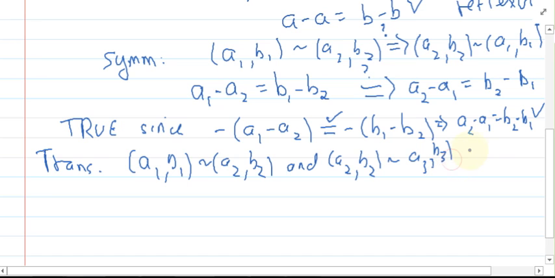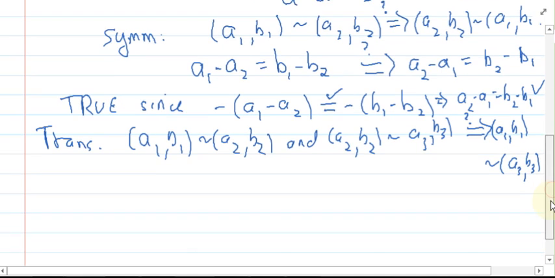And the question is, does that imply that (A1, B1) is related to (A3, B3)? All right, so that's the question. Do these two facts imply that (A1, B1) is related to (A3, B3)?